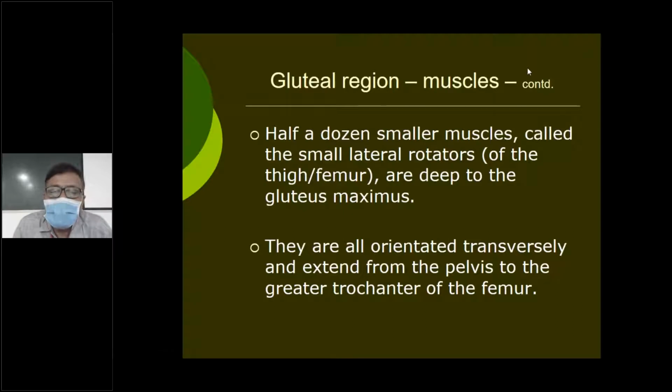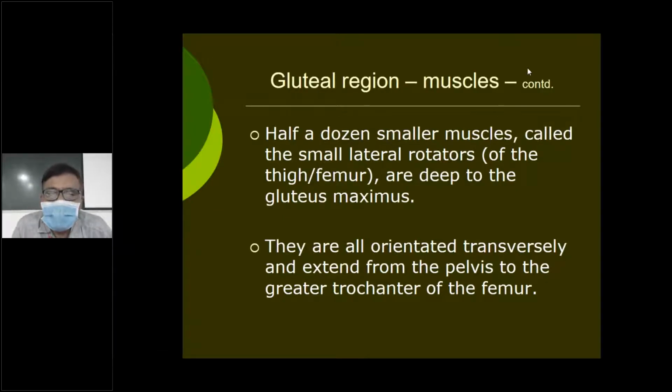They're all under cover of gluteus maximus. Not only the muscles, all the other structures like the vessels, nerves, bones, bursae, ligaments, everything is under cover of gluteus maximus. So the gluteal region is a big region. Once you reflect the gluteus maximus, you'll find plenty of structures, a rich region.